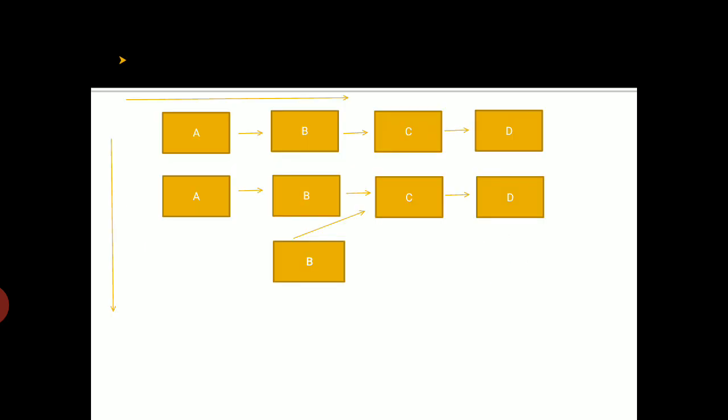See, if you see this diagram, the horizontal line on the top tells us that it goes from left to right. That means A to B to C to D. What does that indicate? That indicates product layout, right? Whereas if you see the downfalling line, that tells you about the process layout.